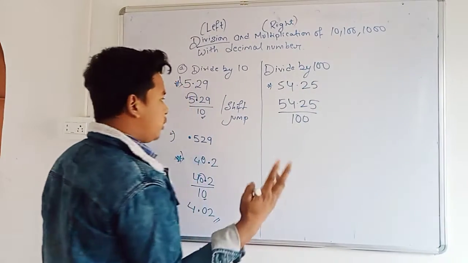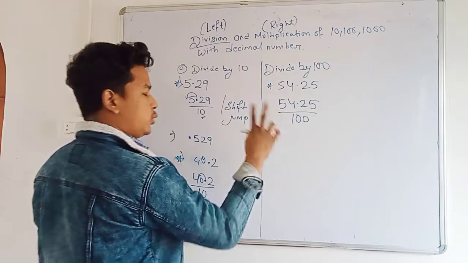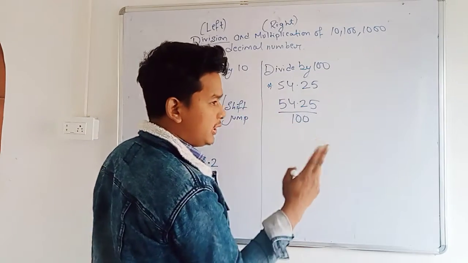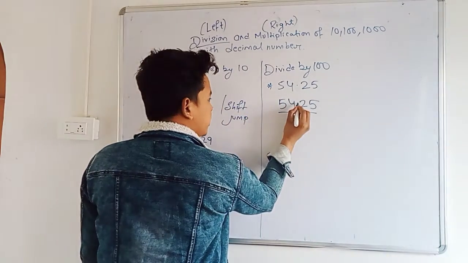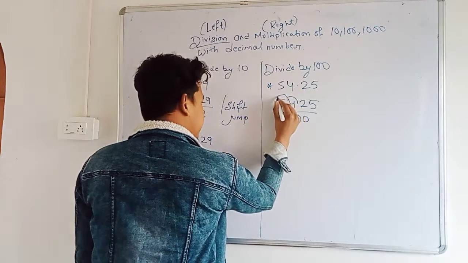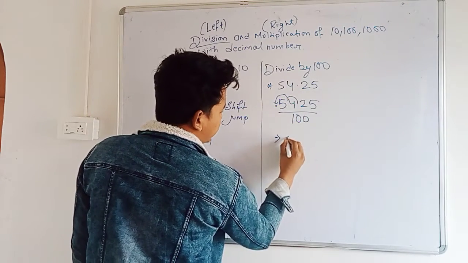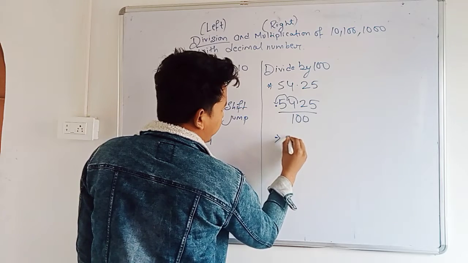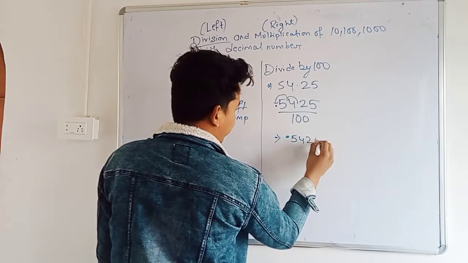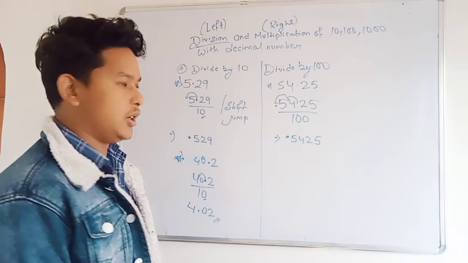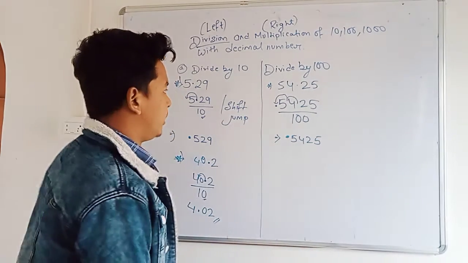Before only 1 zero was there. Here 2 zeros. So it will jump 2 digits towards the left hand side. So 1 digit here, 2 digits here. So here will be the decimal. So your answer will be 0.5425.